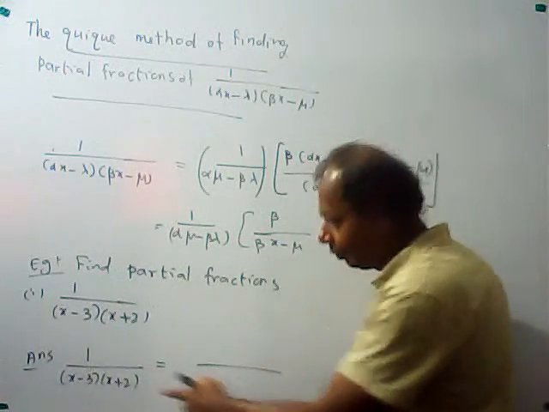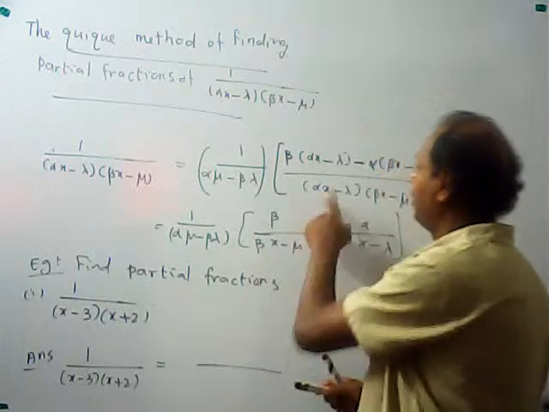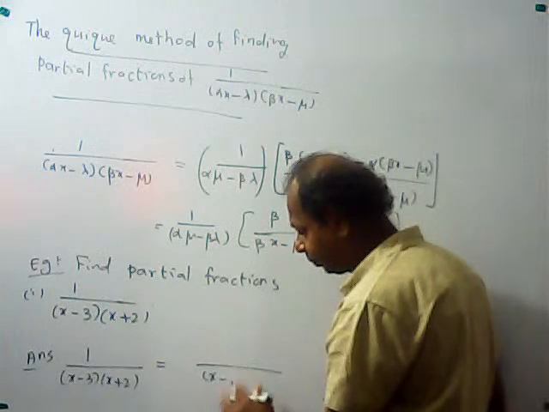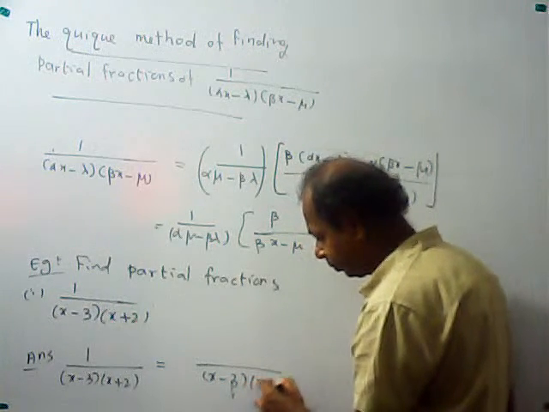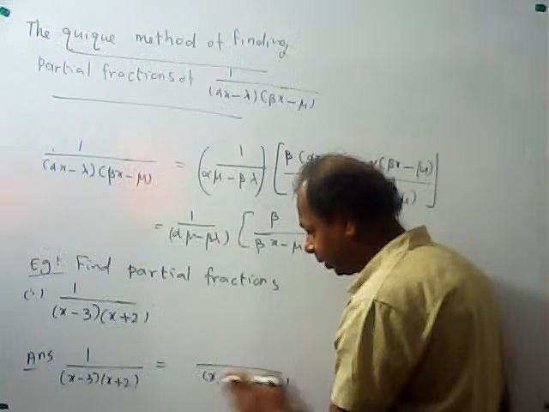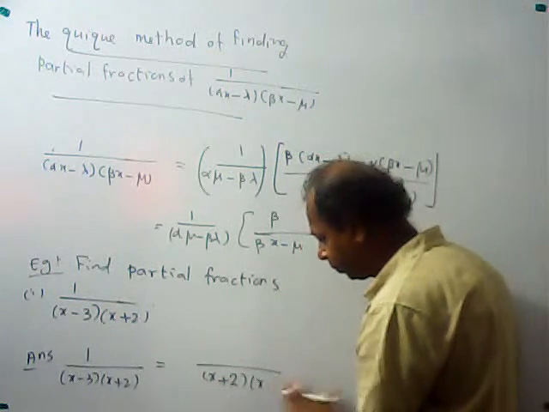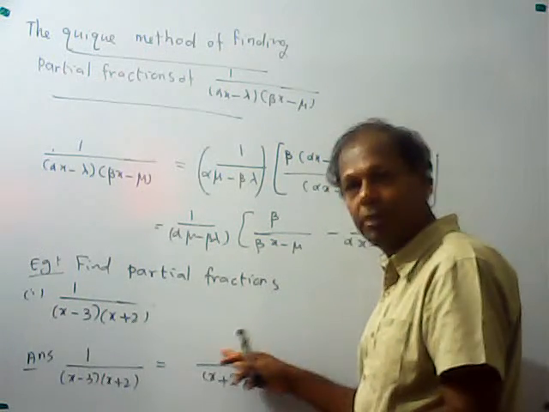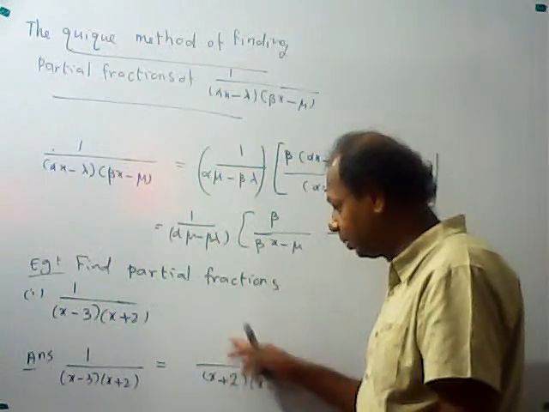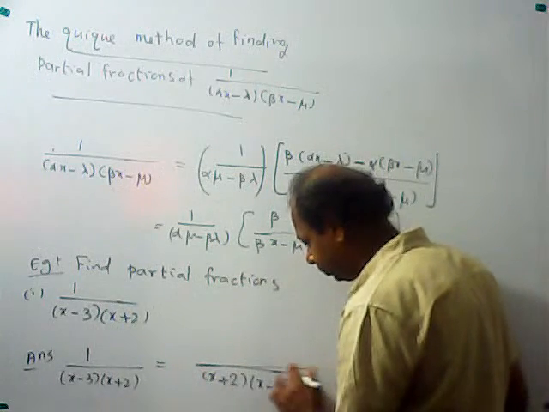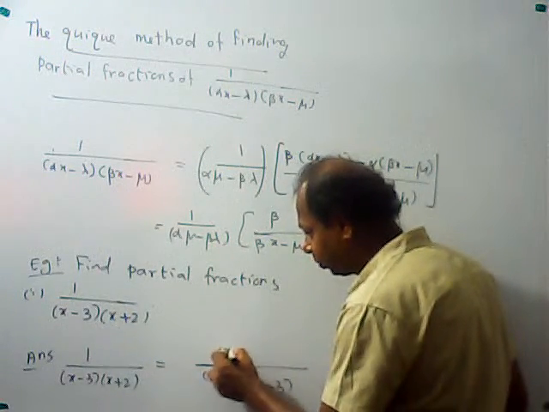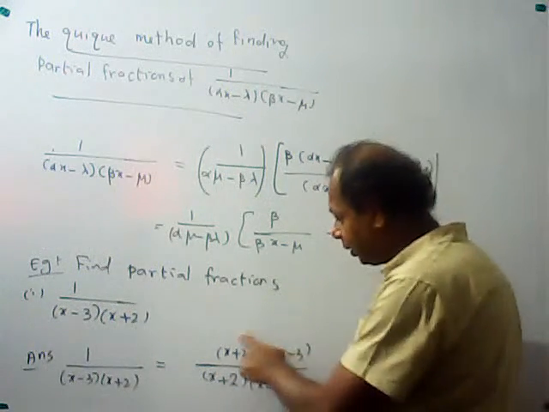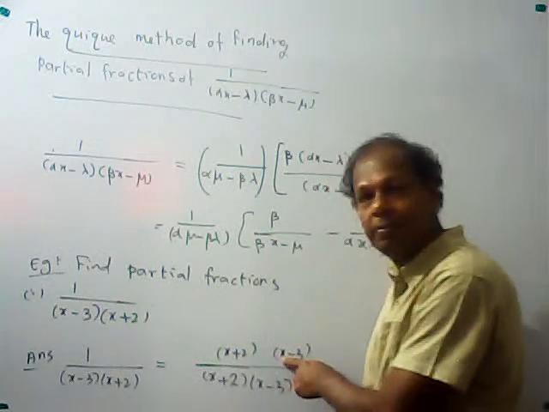The denominator we write the same. The denominator is unchanged, so you write these two in the denominator. I write x plus 2 first, x plus 2 and x minus 3. Then write them again in the numerator such that the x term disappears.